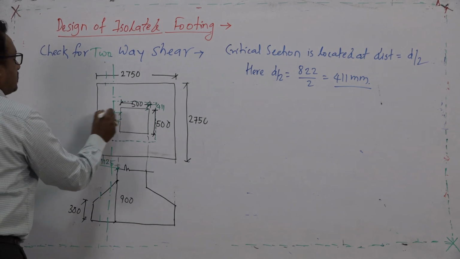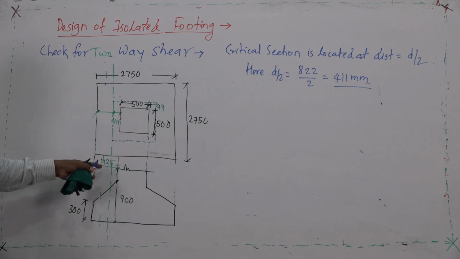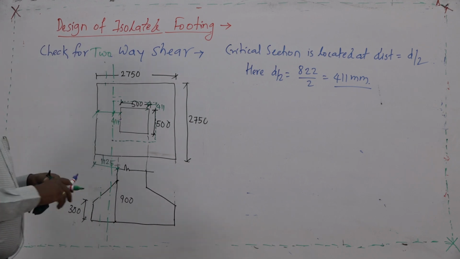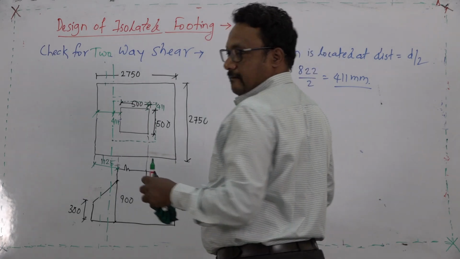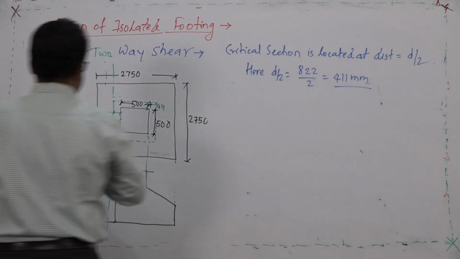The remaining distance is how much? So, this 1125 minus 411, the remaining distance will be 714.